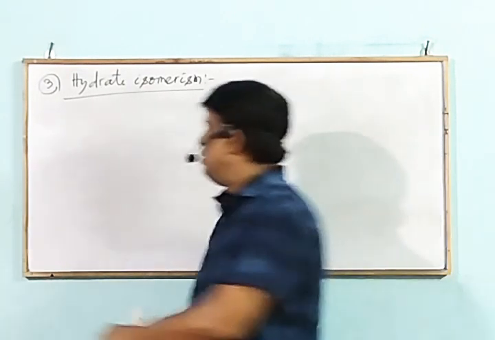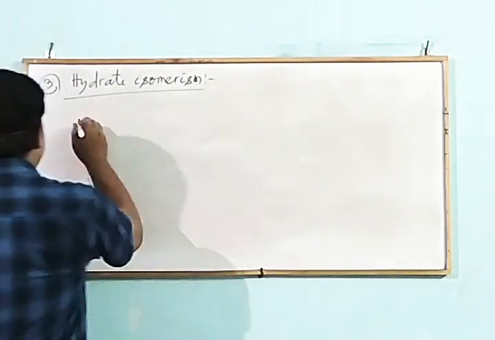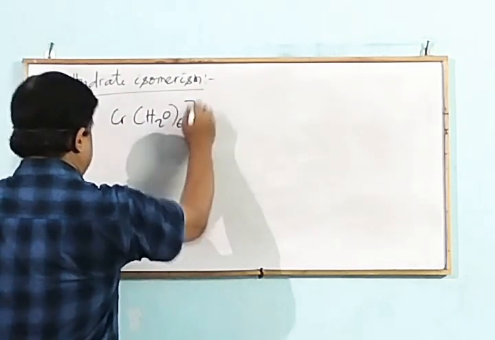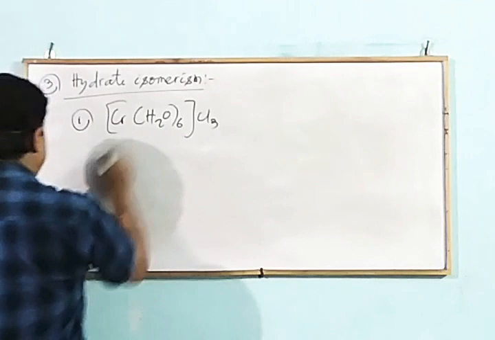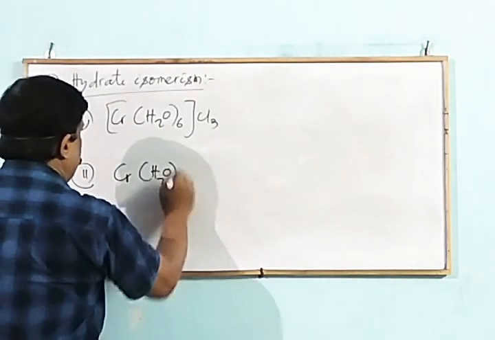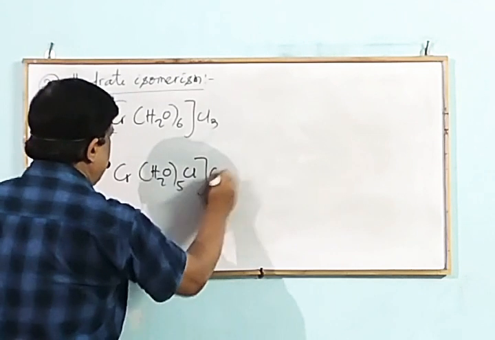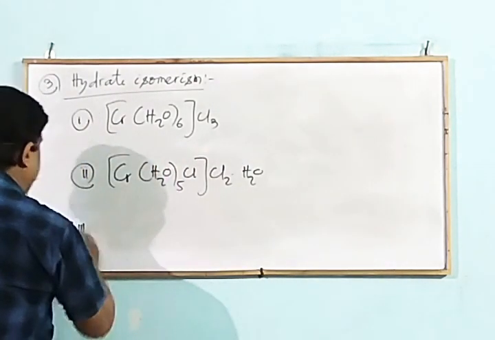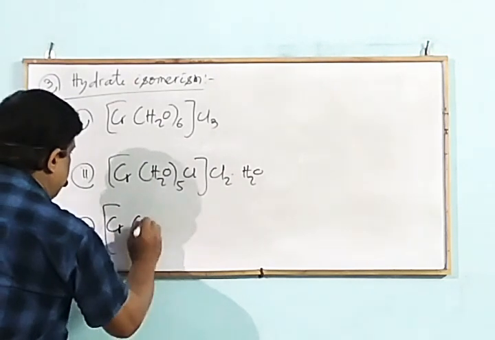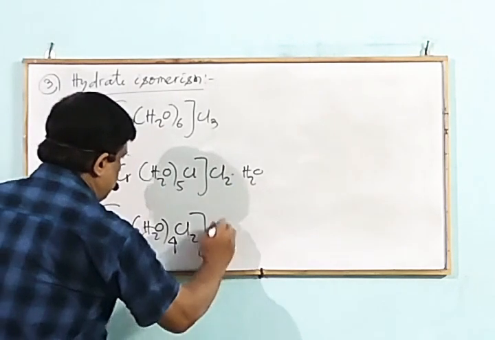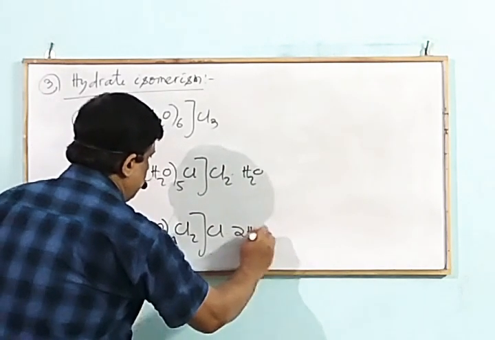Let us mark that. Bit 1: [Cr(H2O)6]Cl3. Bit 2: [Cr(H2O)5Cl]Cl2·H2O. Bit 3: [Cr(H2O)4Cl2]Cl·2H2O.